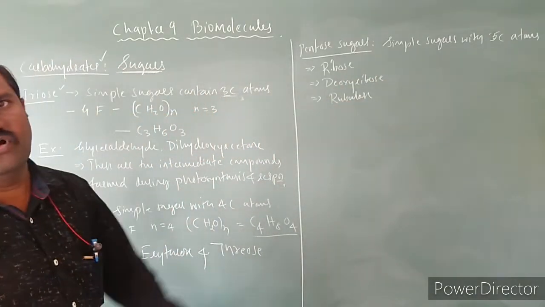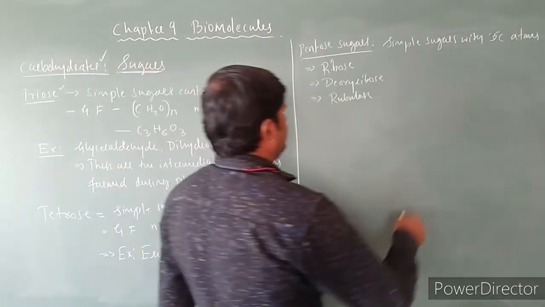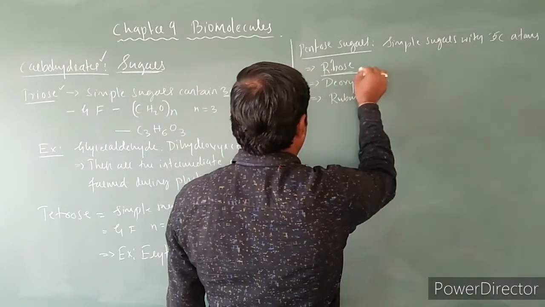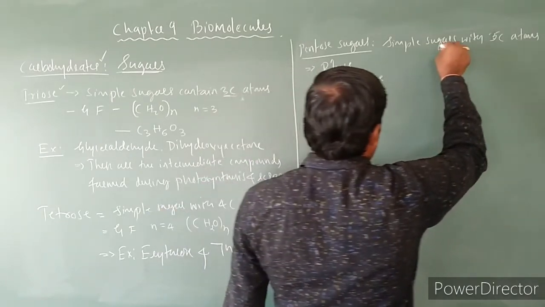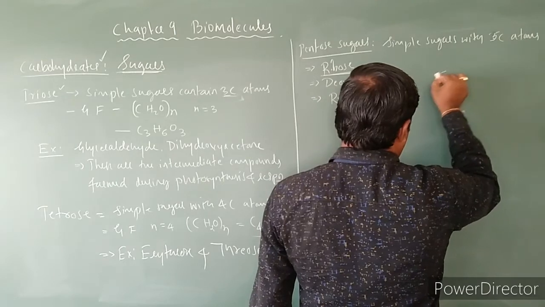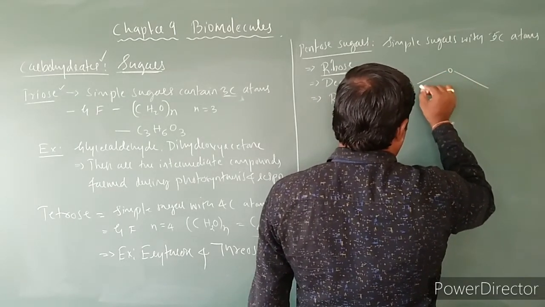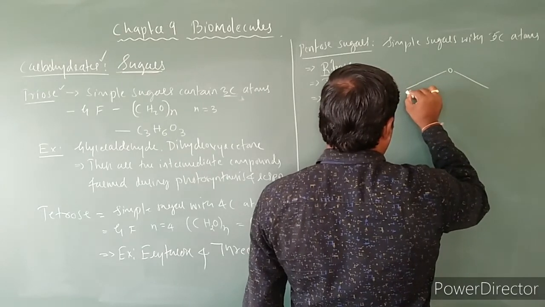All these are the pentose sugars that we come across. Let us see how the structure of ribose is.